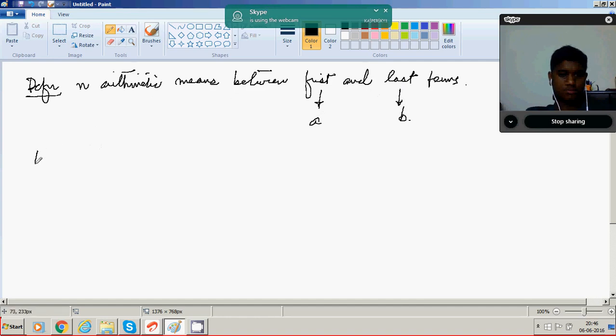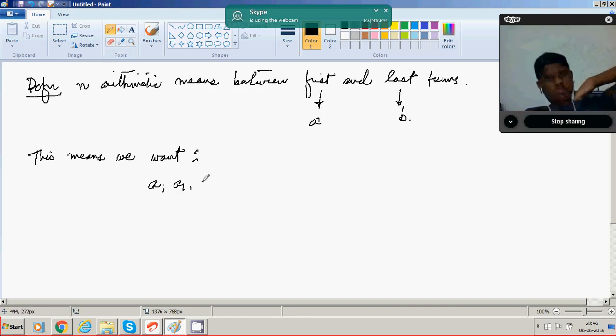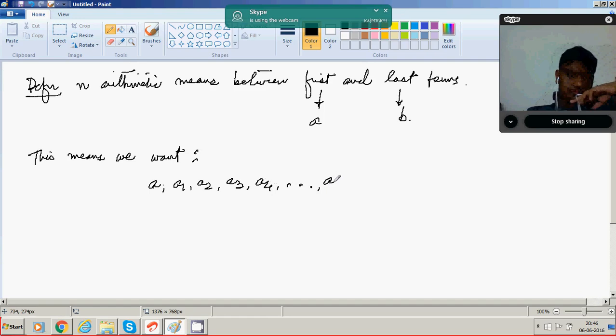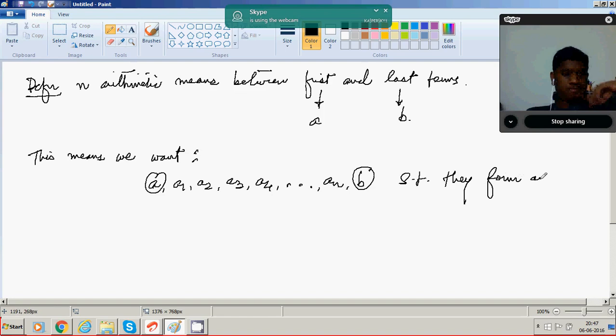This means we want terms like a, a1, a2, a3, a4, an and finally b, such that they form an AP with the first term a, and the n plus 1th term of the AP will be b.